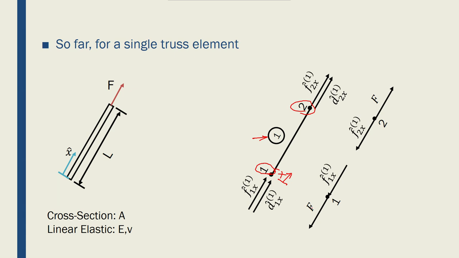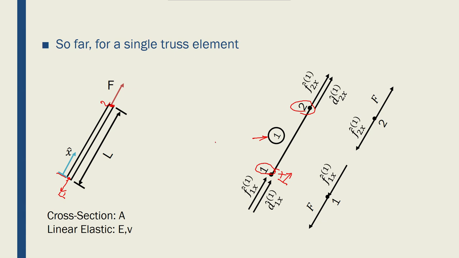But the external forces are assumed to be in a direction that would put the element in tension. So because node 2 is there and node 1 is in here, if we apply a force like that, in the positive x direction, and this one in the negative x direction, we would put this bar in tension, and that's how we show them here in the free body diagrams of the nodes.